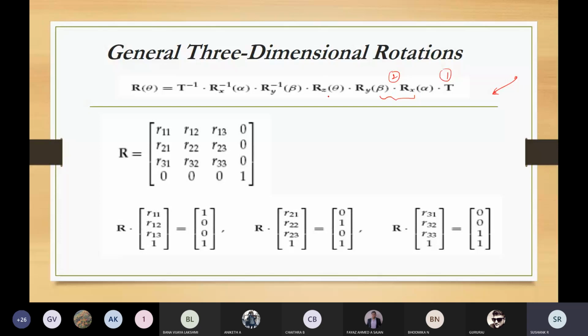The third step, rotation about the z-axis. Then the inverse rotation and inverse translation to get back to its original orientation. So these 5 steps were involved in rotating that object, and all the mathematical representation is given here.